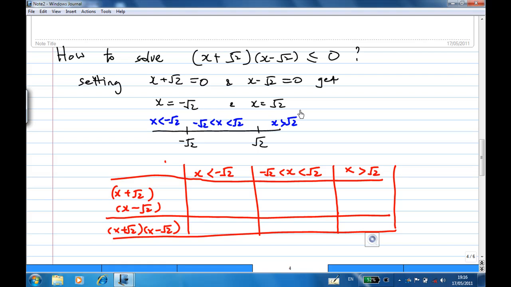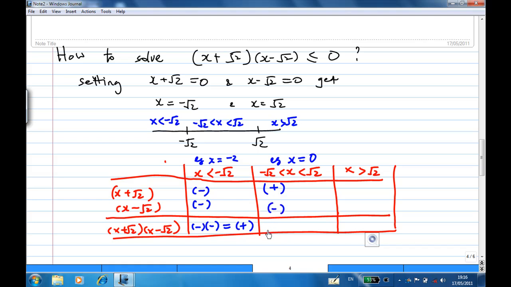So if x is less than minus square root 2, for example, x equal to minus 2, then x plus square root 2 will be negative, and x minus square root 2 will be negative. Multiply them, negative times negative, you get positive. Or if x is between minus square root 2 and square root 2, for example, x equals 0, then x plus square root 2 will be positive, x minus square root 2 will be negative.